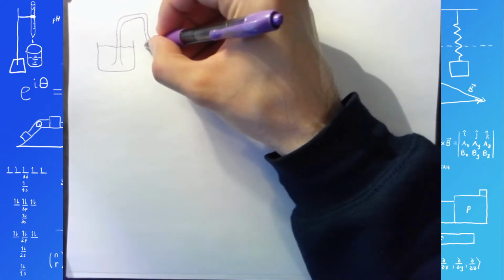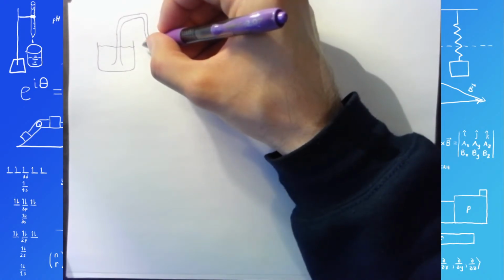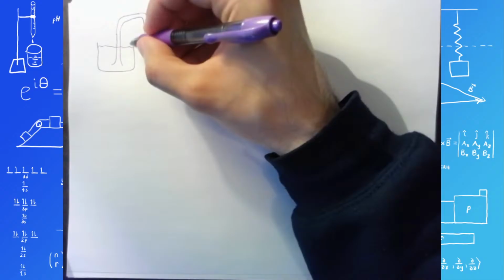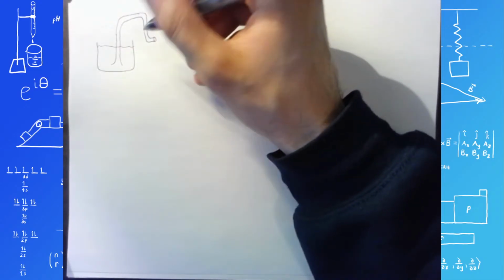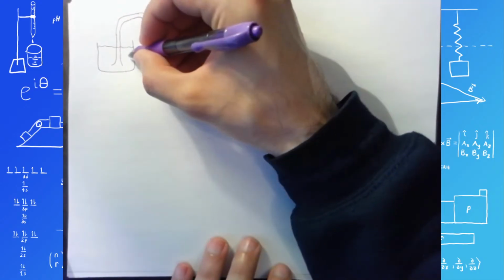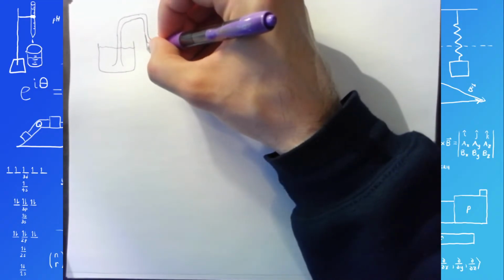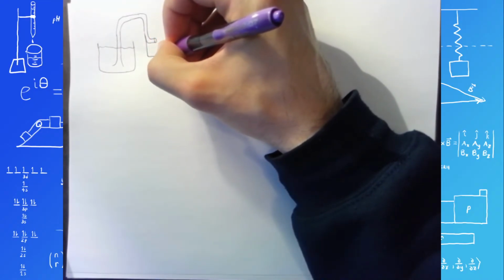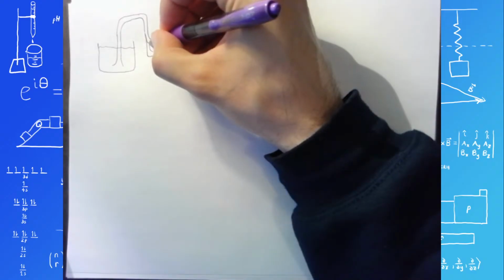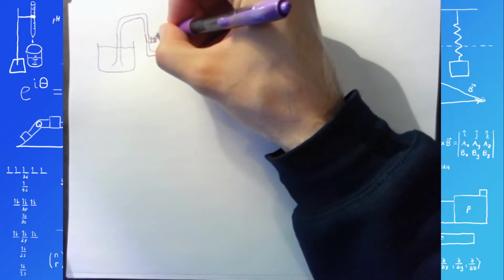And then they say that this thing has some sort of height. Well, the way they drew it, it actually goes lower than the liquid level over here. I'm not entirely sure if that matters, but okay, let's draw it extended. Yeah, this is what I should have drawn. Forget that.